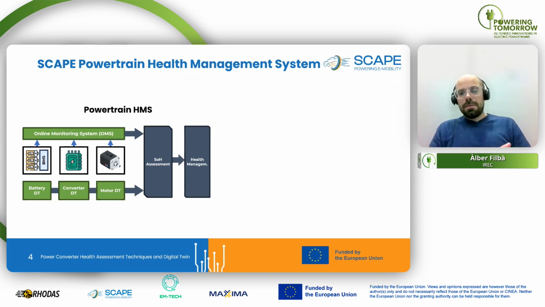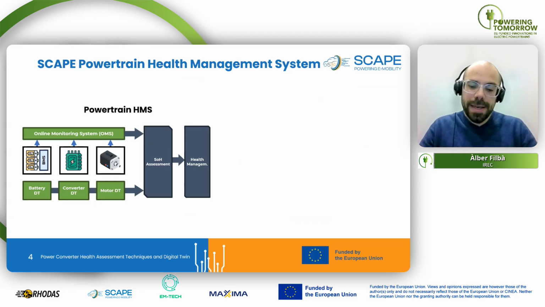And also, with this information of the state of health, we feed a health management system, which controls the behavior of these three elements with the objective of increasing their lifetime.